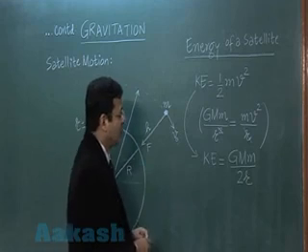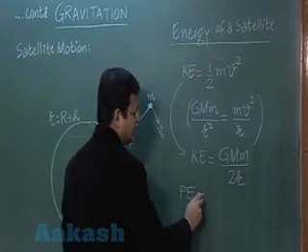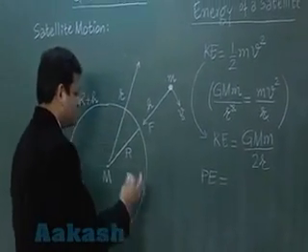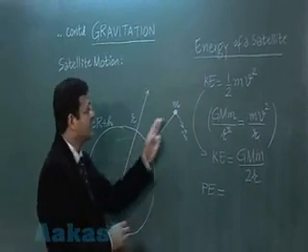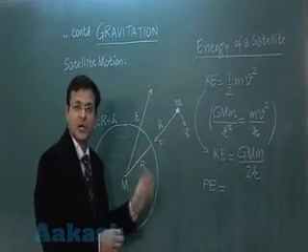Now if you talk about the potential energy of the satellite, then it is something like this: the entire mass of the earth is concentrated at its center, and this small m is placed here, and the separation between these two is small r.